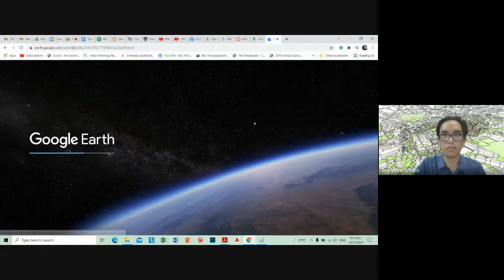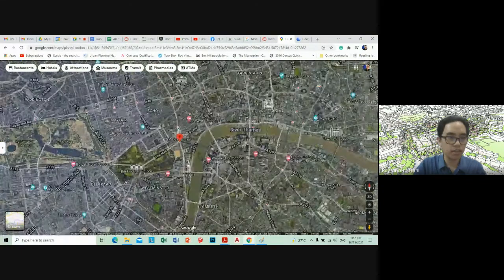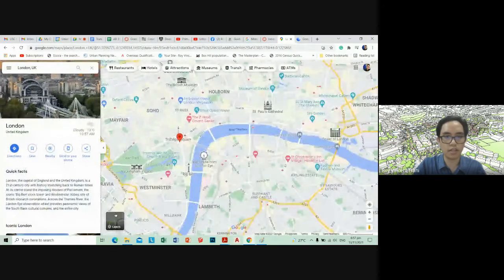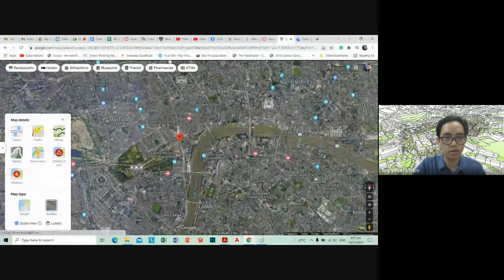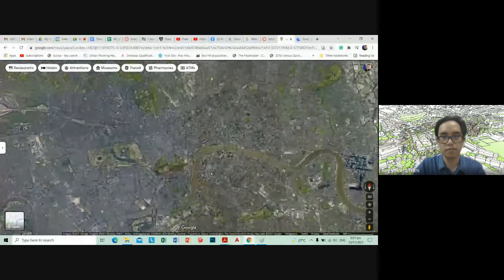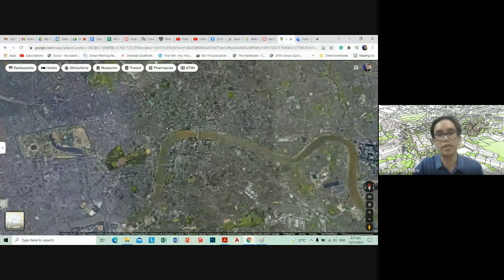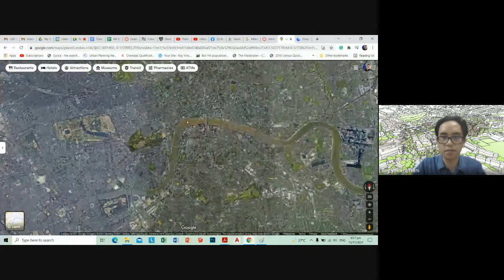While that's loading, if I turn off the labels here, and switch to satellite, you can really tell that the city developed next to this river over here.